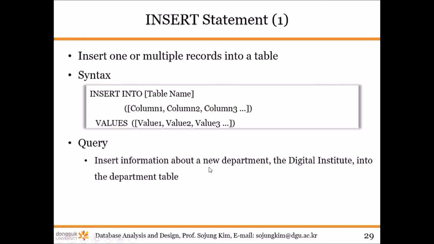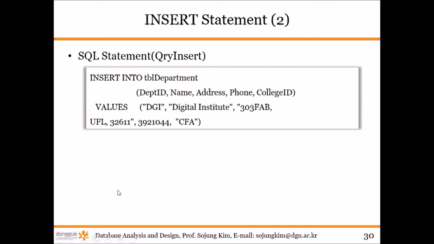So insert information about the new department. Let's say we want to make one new department known as the Digital Institute in the department table. So we will run this query. As you can see, we have department ID DGI, and the name is Digital Institute, and the address is 303 FAB, the building name and street name, then UFL, University of Florida, I guess, and then this is the zip code, and the phone number.